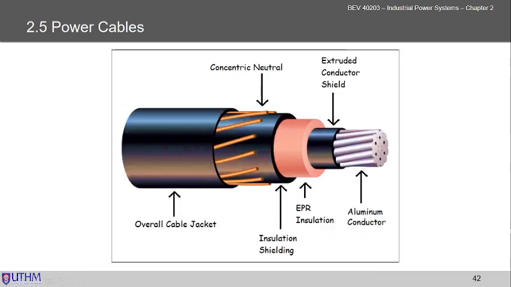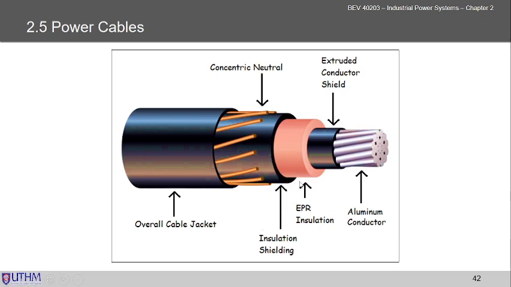So this is the illustration for the power cables. Of course, outside here you have the jacket, the overall cable jacket. And then you have the concentric neutral, and this is the neutral, and further you have the insulation shield. So this one is the neutral point, the neutral. After the insulation you have another insulation.